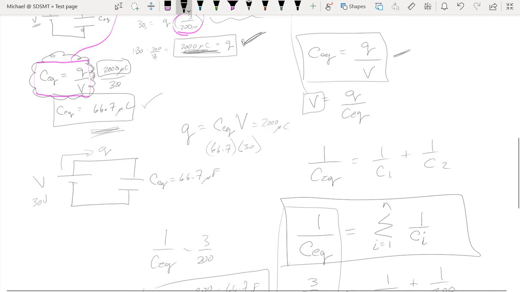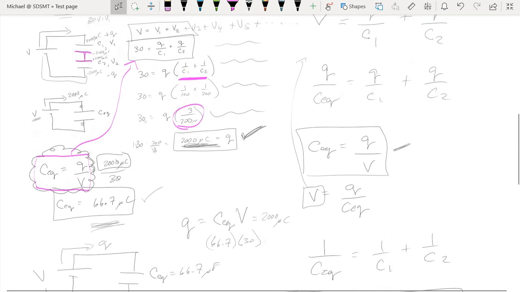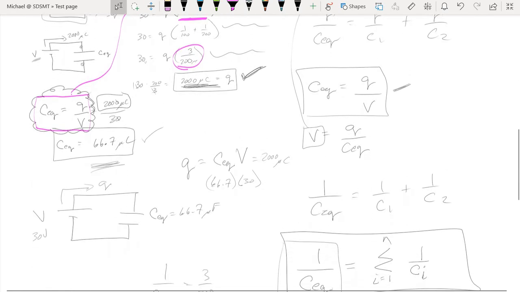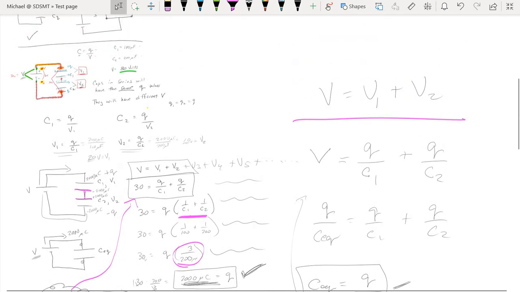microcoulombs. So that is a much faster, far more efficient means of finding the charge that is going to deposit on each of these capacitors. And then if you want, you can go back and you can use your voltage summation as a self-check.